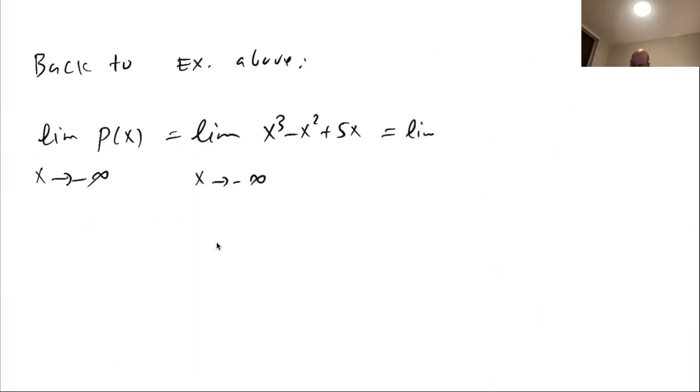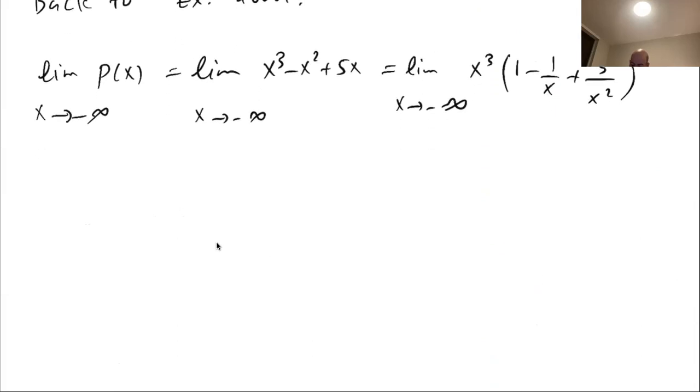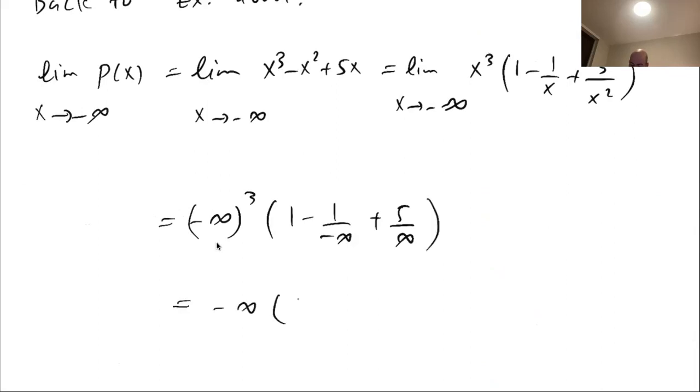And this is limit of x cubed times 1 minus 1 over x plus 5 over x squared as x goes to minus infinity. Then this is minus infinity cubed times 1 minus 1 over minus infinity plus 5 over infinity. So the answer will be minus infinity times 1 minus 0 plus 0. And the answer is minus infinity.